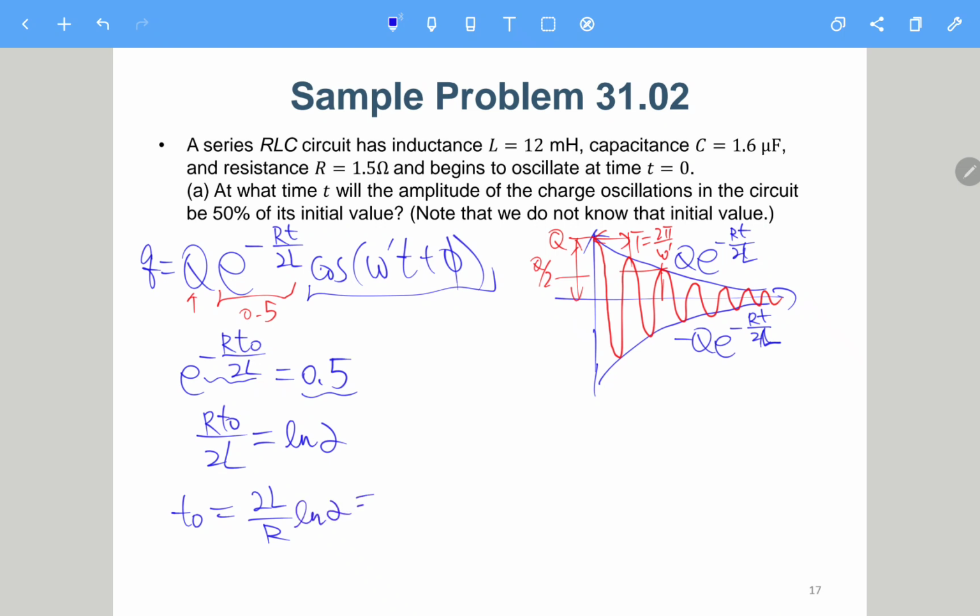Then we can just plug in the numbers: 2 times L, which is 12 times 10 to the negative third, over R, which is 1.5 ohm, times natural log of 2. This value is about 11 millisecond.